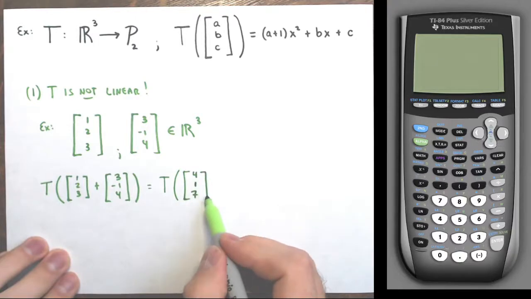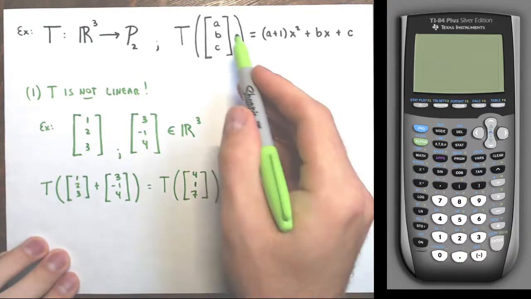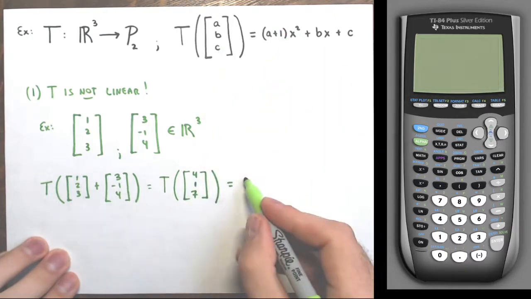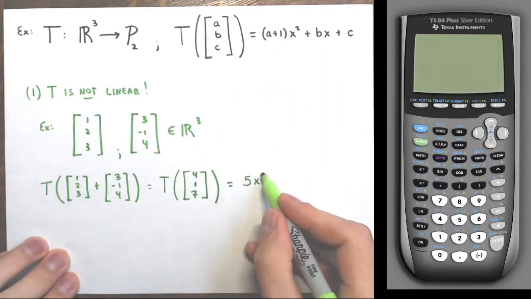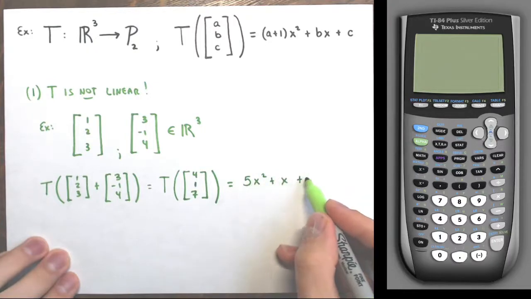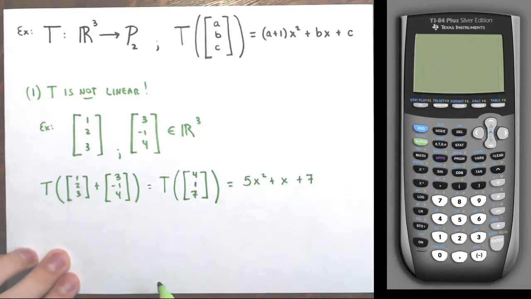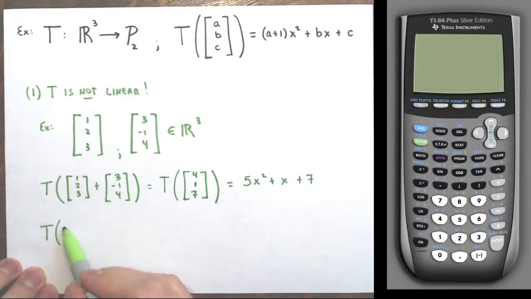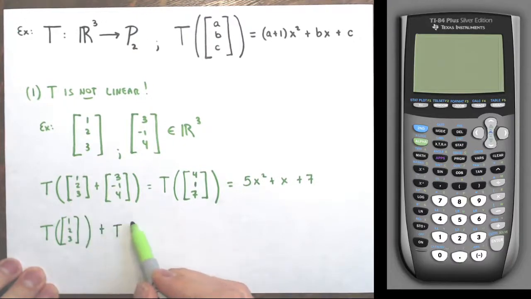Then according to the rule for T, if I apply it to this vector, I'd have 5x squared, since 4 plus 1, plus x plus 7. Now let's see if I get the same thing if I apply T to each of these separately and then add them, instead of adding first. So what's T of (1, 2, 3), and then add to that T of (3, negative 1, 4)?